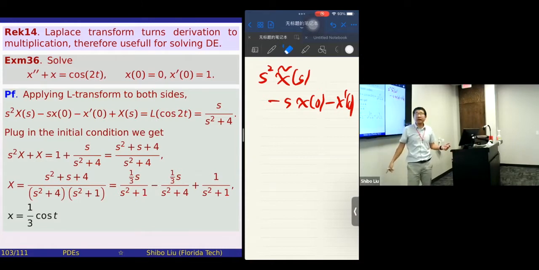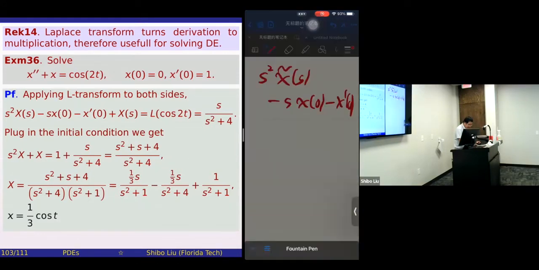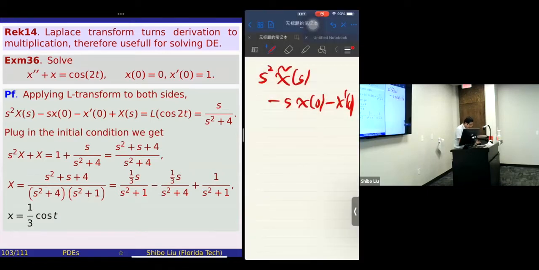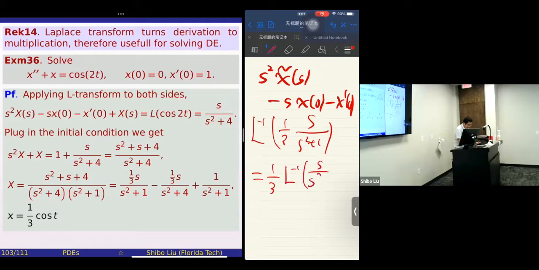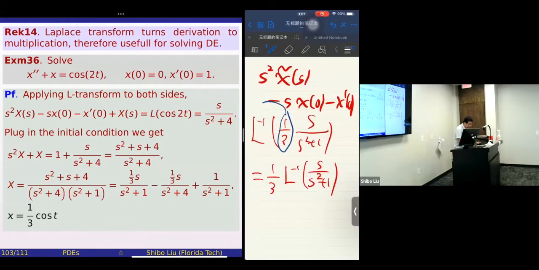Because the Laplace transform is linear, the inverse transform is also linear.